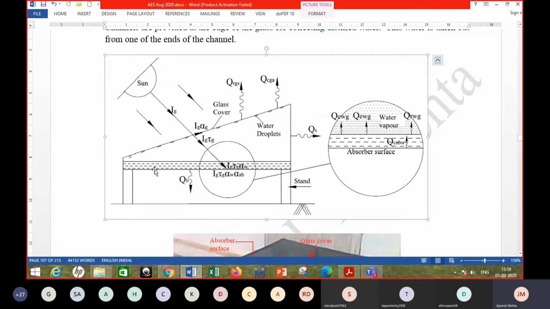That may be the major portion because that's the maximum exposed surface, and then the sides also can lose heat, right? So if the basin is made up of some non-conductive material, and a thicker material, it will be a better option because there won't be a lot of heat loss. This is a loss, right?